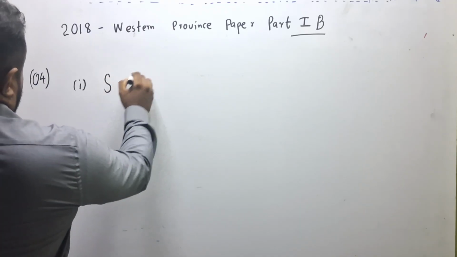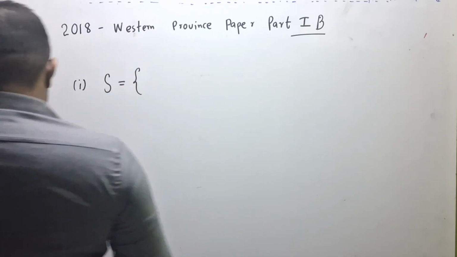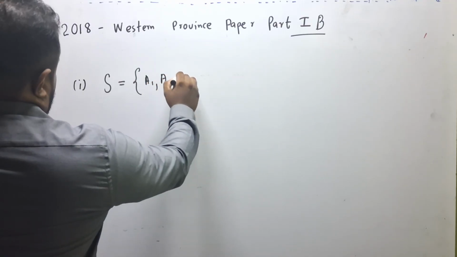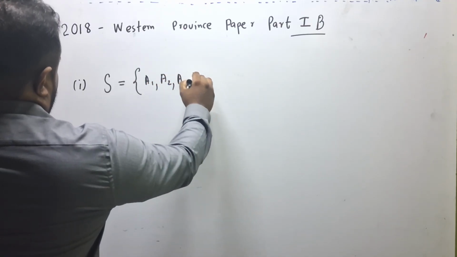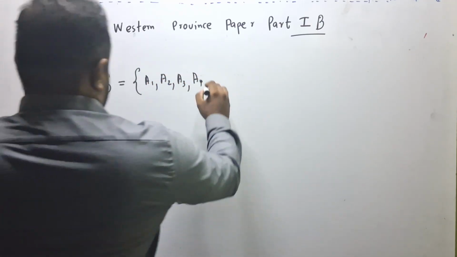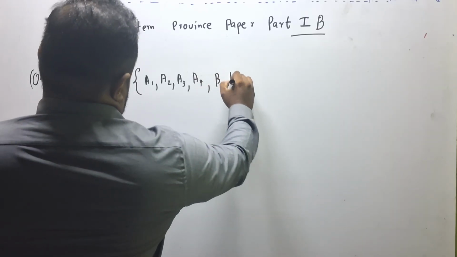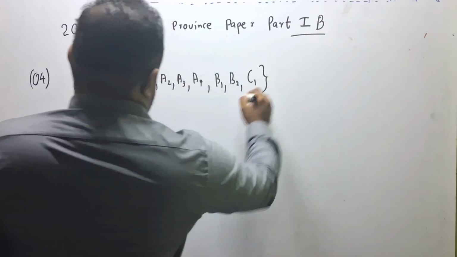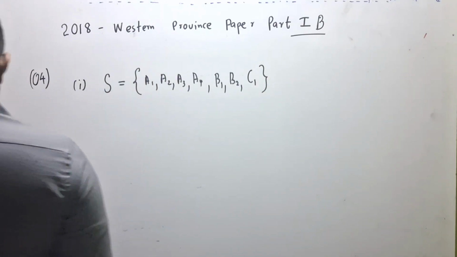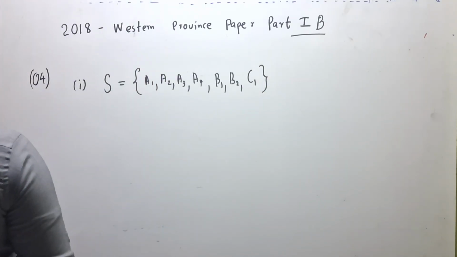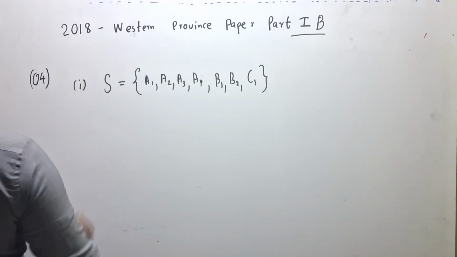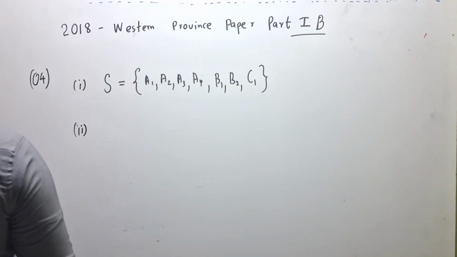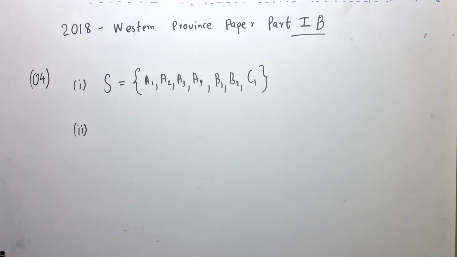Sample space equals curly brackets A1, A2, A3, A4, B1, B2 and C1. Number 2: if a player is selected randomly, find the probability that the person is one who wears a cap.